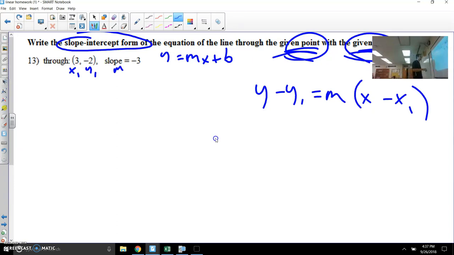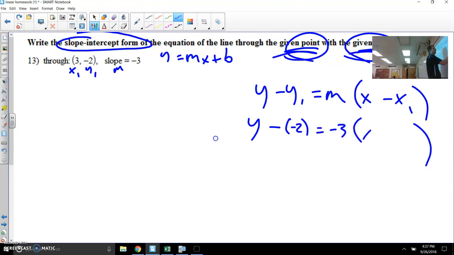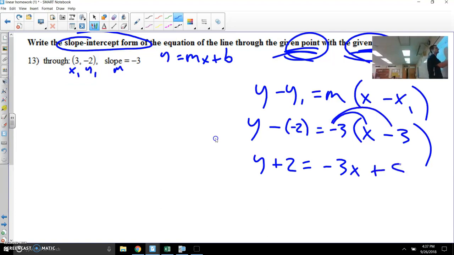So I'm going to plug it in. It looks like we have y minus -2, slope of -3, x minus x1, which is 3. So the first thing I want to notice is that this is going to change to a plus. Let's distribute, and you get -3x, and then negative times a negative is +9.